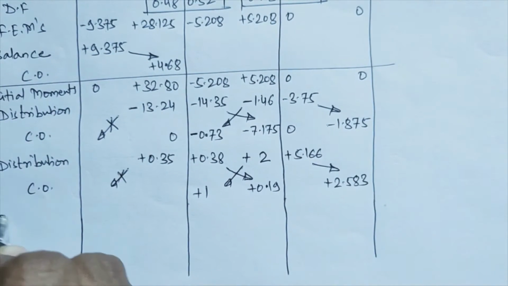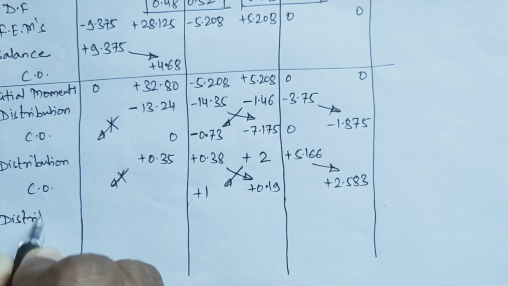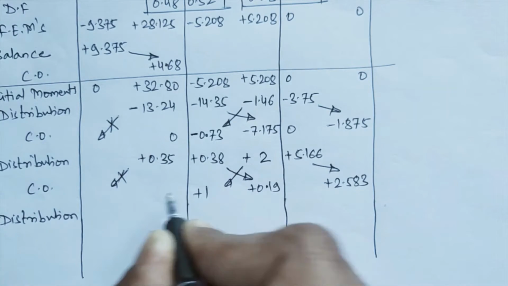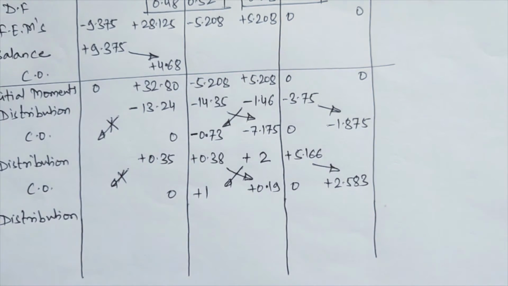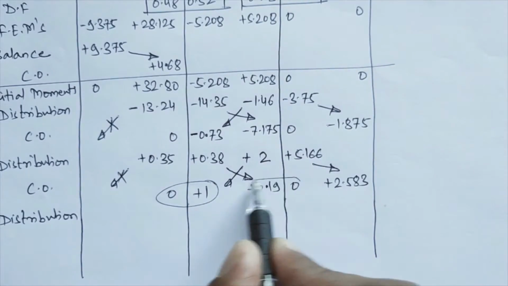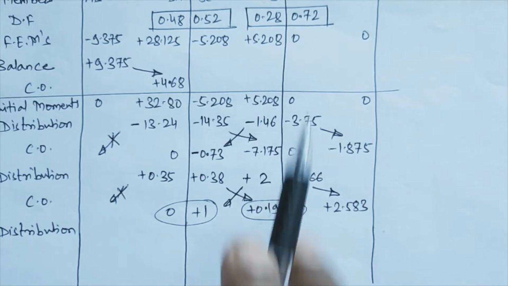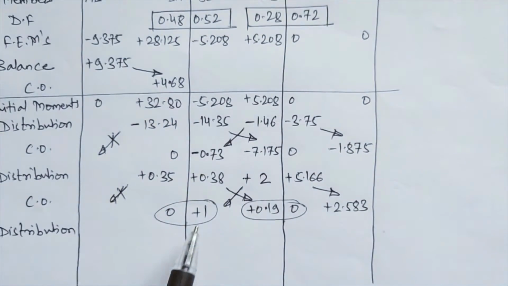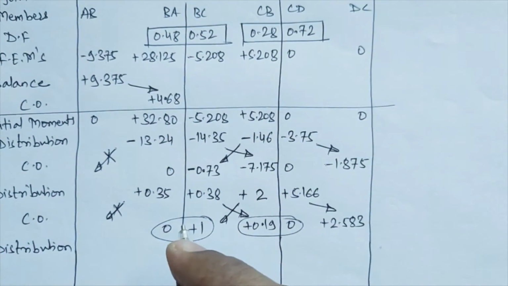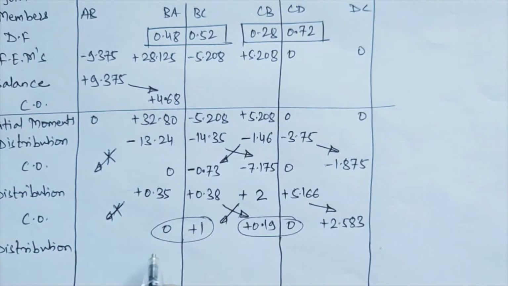So again one more cycle I will repeat, that is, I will do the distribution of moments again. Here again 0 I am having, here also I am having 0. So these two moments you have to distribute now. 1 into these distribution factors and 0.19 into this distribution factor. So 1 into 0.48, I get almost minus 0.48. Minus, why?